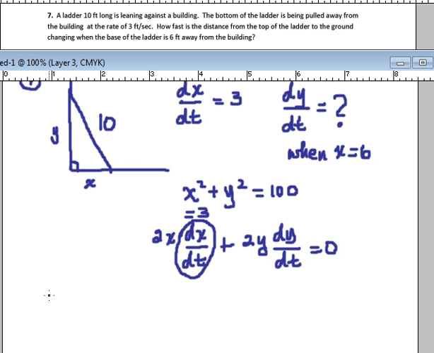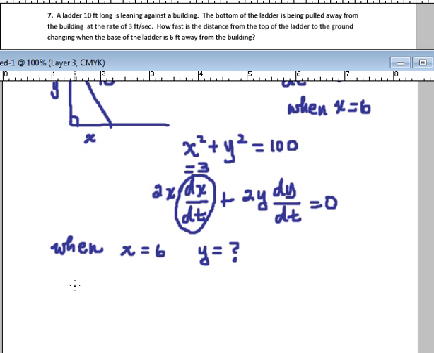So now we want to figure out what y is. So when x equals 6, the question is, what is y? We're going to go back to our Pythagorean theorem to figure that out. Okay. So we have x squared plus y squared is equal to 100.